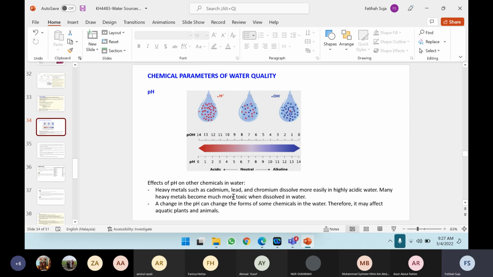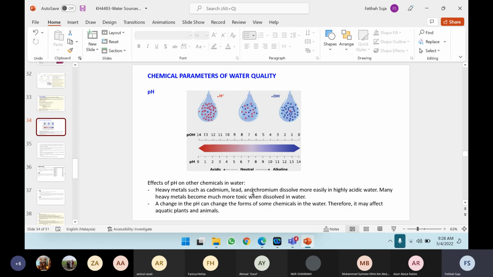Heavy metals such as cadmium, lead, and chromium dissolve more easily in highly acidic water. Many heavy metals become much more toxic when dissolved in water. A change in the pH can change the form of some chemicals in the water. Therefore, it may affect aquatic plants and animals. Okay, sometimes we have compounds containing cadmium, lead, and chromium.